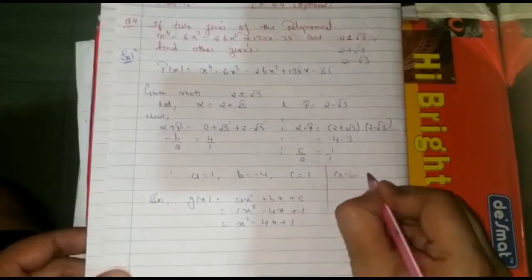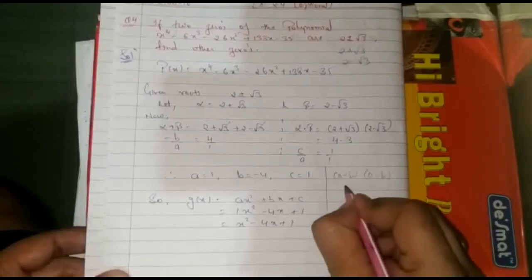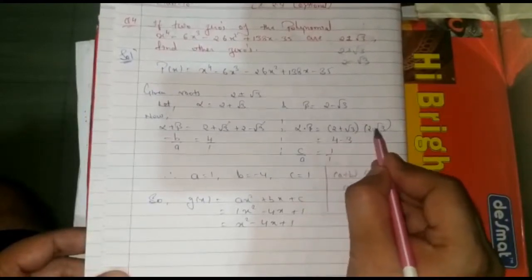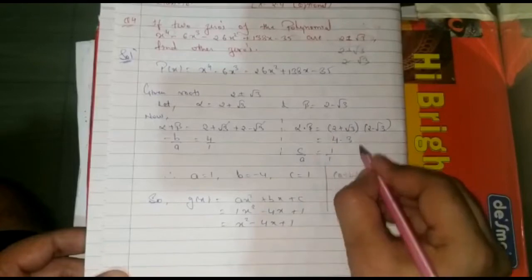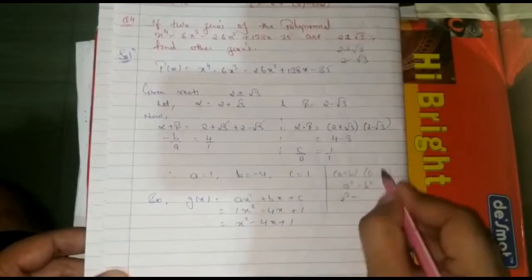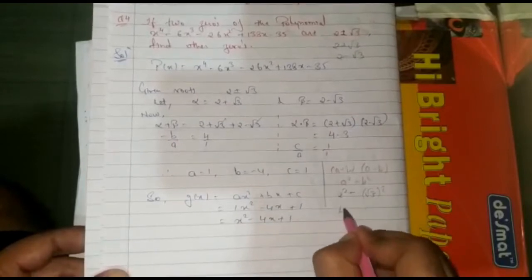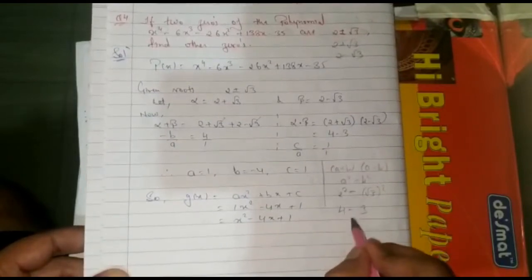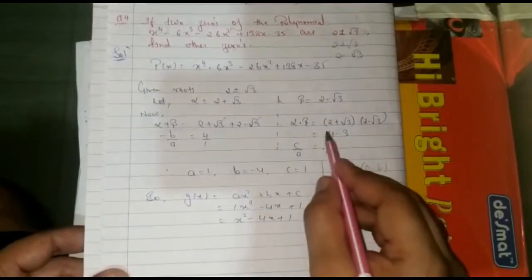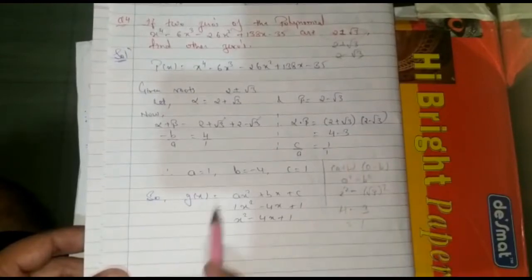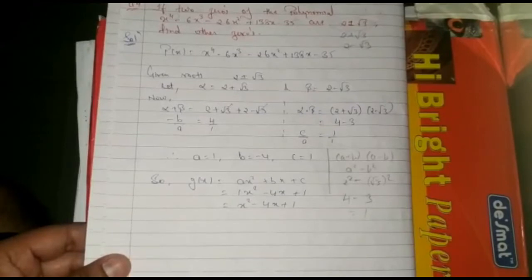We have understood this formula, a plus b into a minus b will be equal to a square minus b square. So a square means 2 square minus b square means root 3 square. So 2 square becomes 4 and root 3 square becomes 3, and 4 minus 3 will be equal to 1. So 4 minus 3 will be equal to 1, and we can write 1 as 1 by 1.